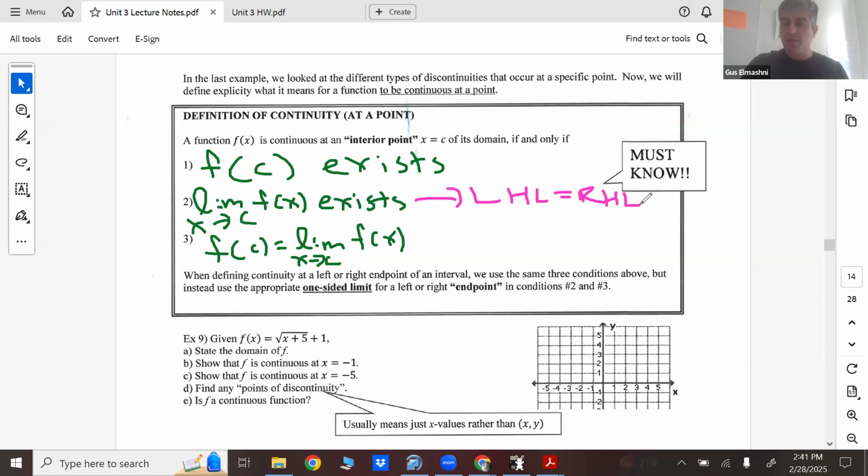And when defining continuity at a left or right endpoint, we use the same 3 conditions above, but instead use the appropriate one-sided limit for conditions 2 and 3, obviously.